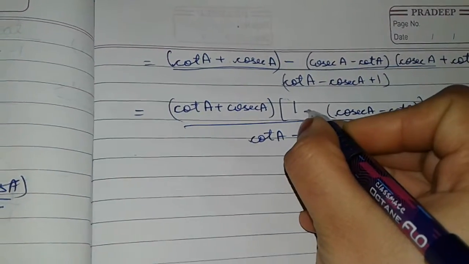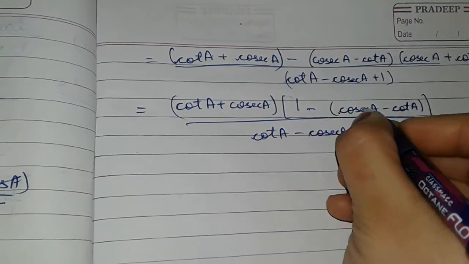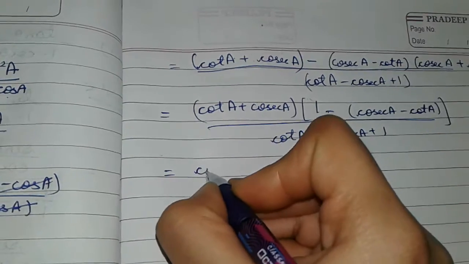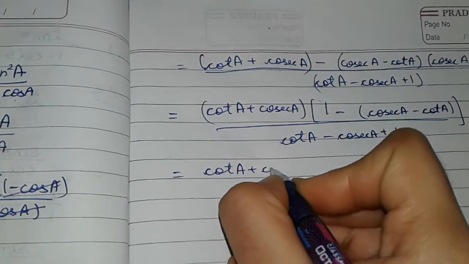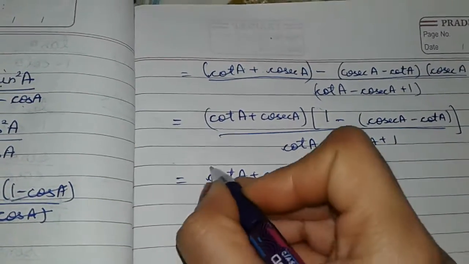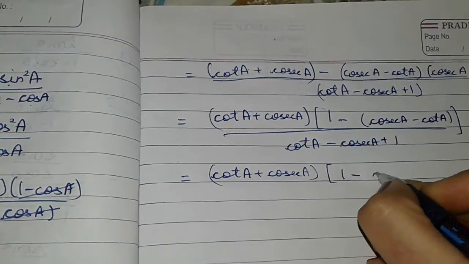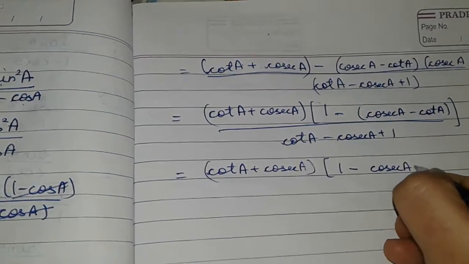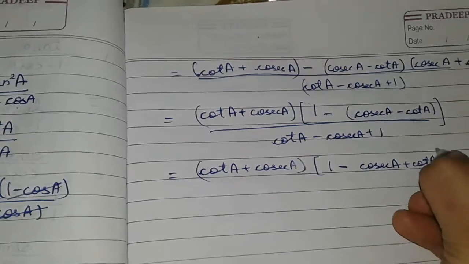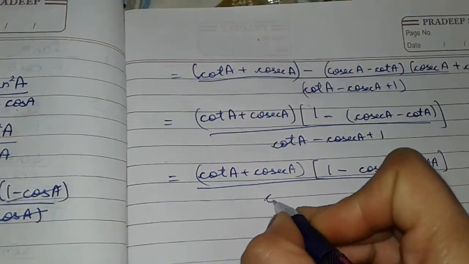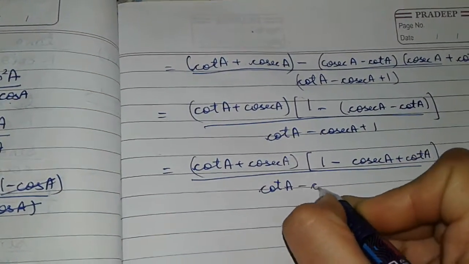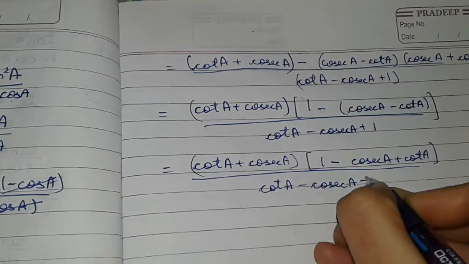Now take this minus inside the bracket and it will be cot A plus cosec A, and here it will be 1 minus cosec A plus cot A. Okay, in the denominator it is cot A minus cosec A plus 1.